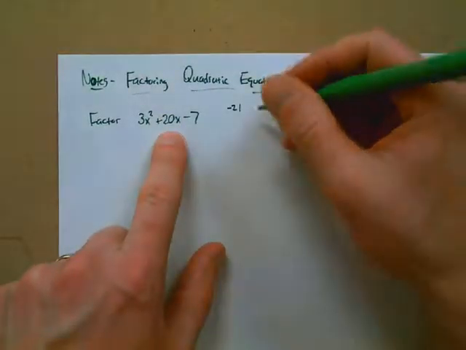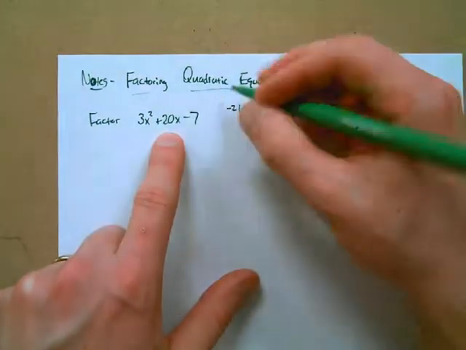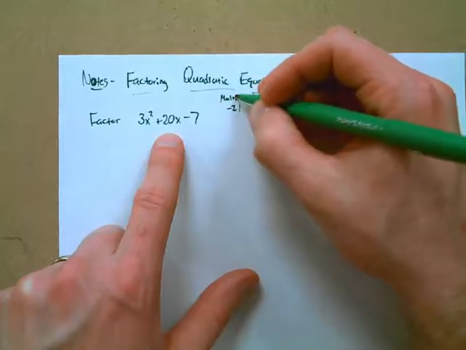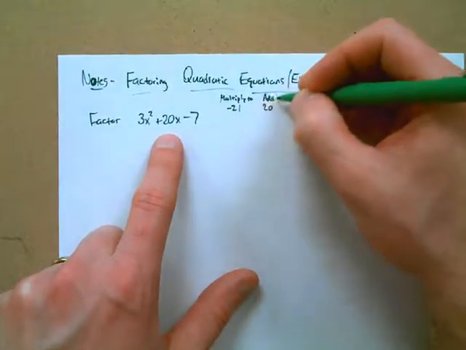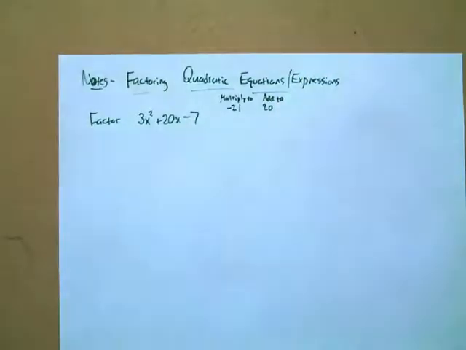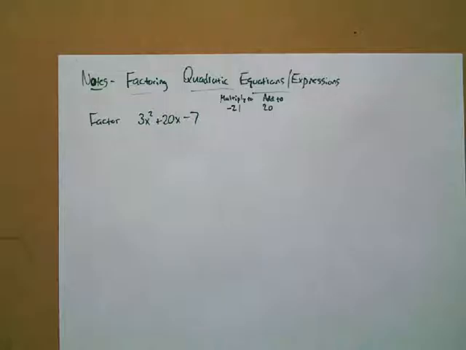We want to come up with two numbers that multiply to -21 but add to 20. So we need two numbers that multiply to make -21 but add to make 20. Any ideas about what those numbers might be?